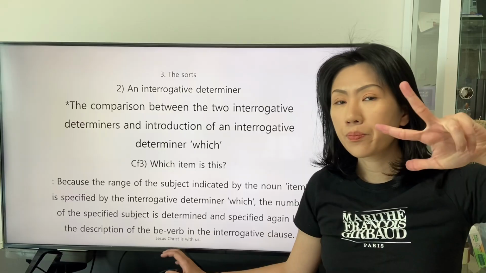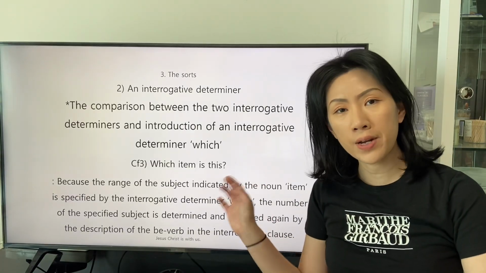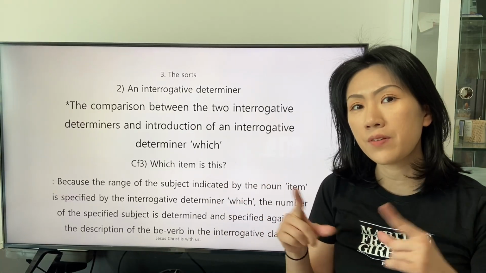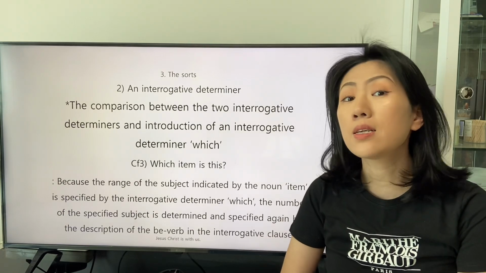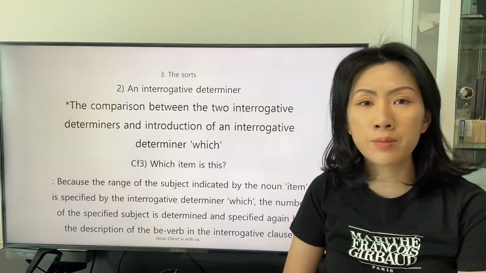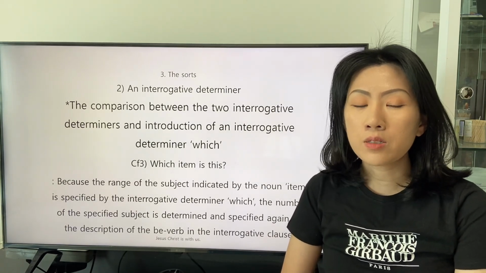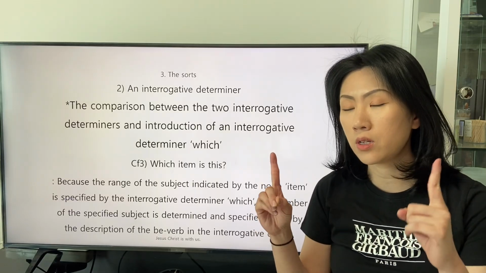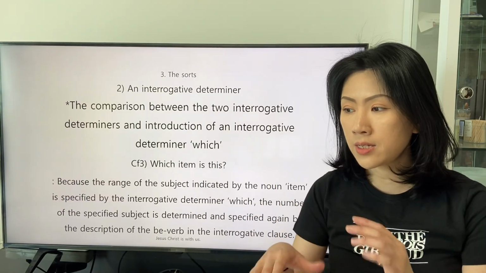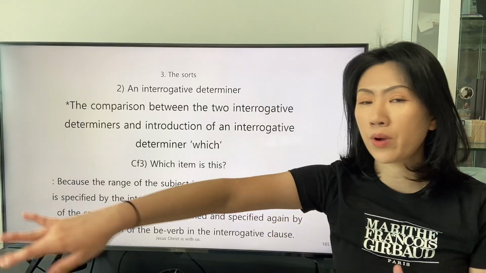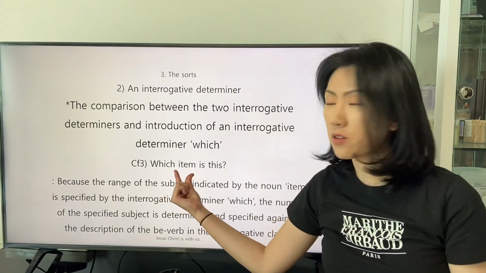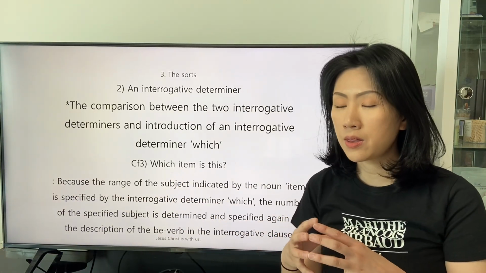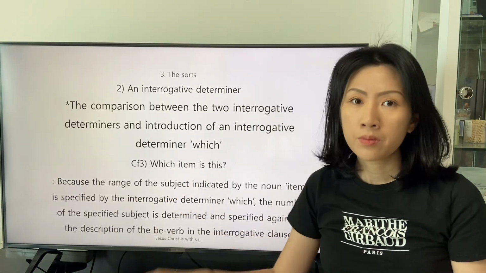The third conference that the interrogative determiner which is applied is this. Which item is this? The speaker who applies the interrogative determiner which already sets the predetermined range of the subject indicated by the general noun item.